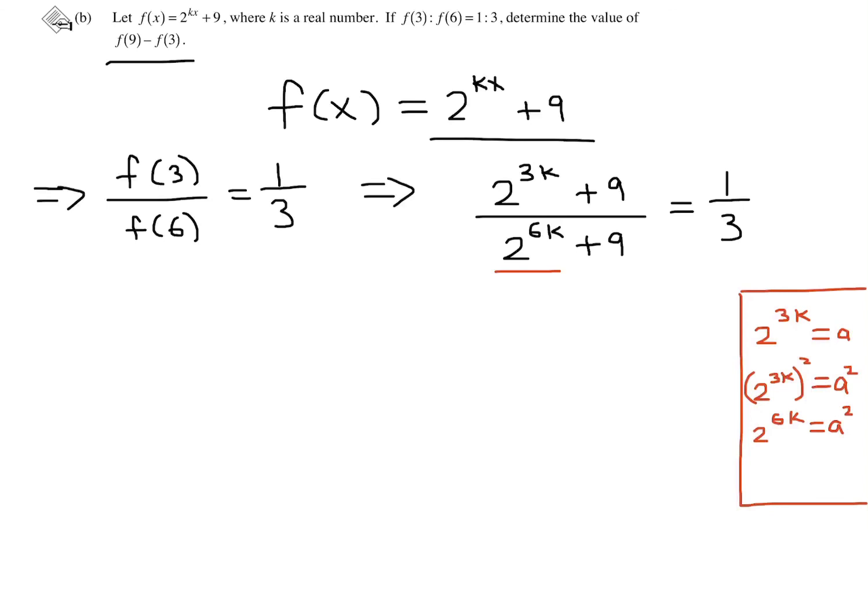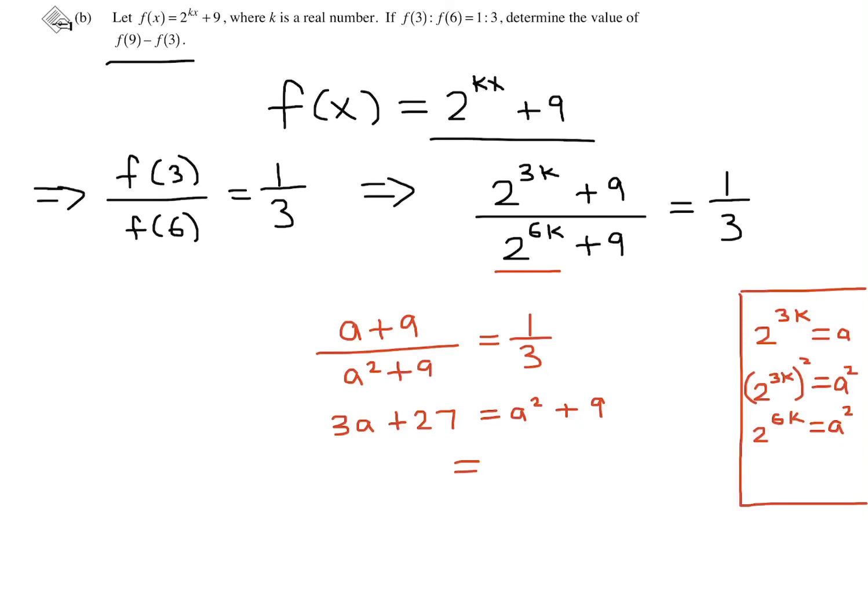So substituting that, we'll get a plus 9 over a squared plus 9 is equal to 1 over 3. And then across multiply, you get 3a plus 27 is equal to a squared plus 9, right? And then put everything on one side, a squared minus 3a minus 18 is equal to 0.